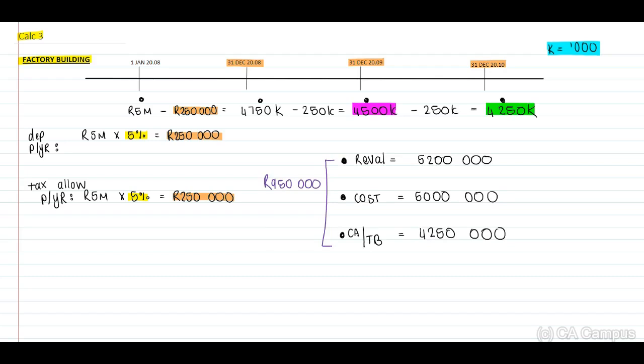But when you look at this, you need to know the amount above your cost, this 200,000, will be capital in nature. Therefore, we need to tax this based on our CGT rate, times 80% times 28%. And the amount between our cost and our carrying amount, our tax base, will be taxed based on your normal 28%. Now let's transfer this to our deferred tax calculation.